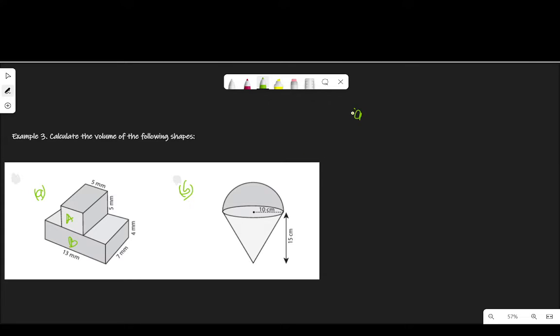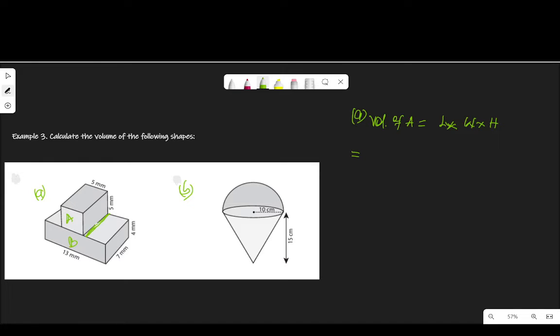So let's work it here. Volume of A is a rectangular prism, so length times width times height. The length is this line here. Let me highlight it.